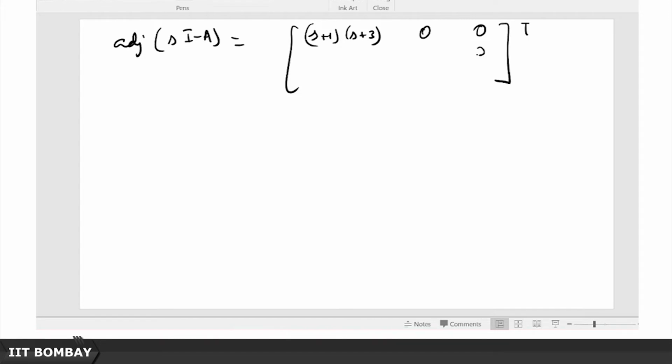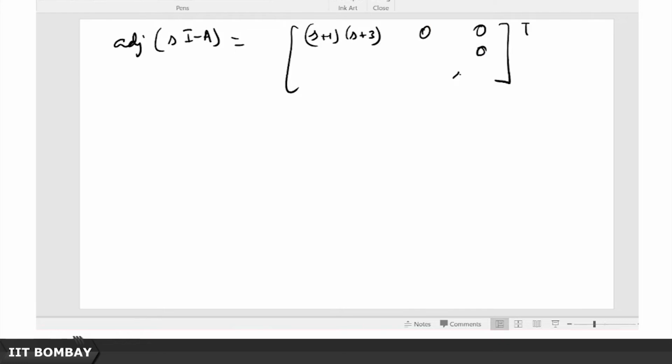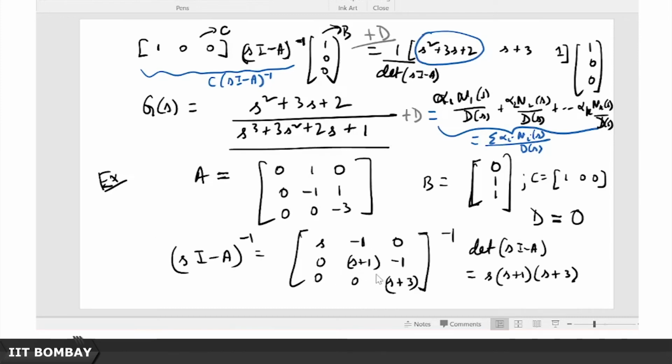So this is basically the second column. What about the last entry, this diagonal entry? This is going to be S into S plus 1. Great. What about this entry? I am going to exclude the second column and the third row.